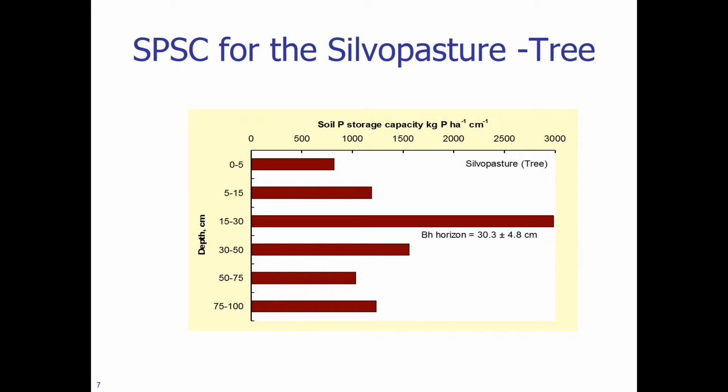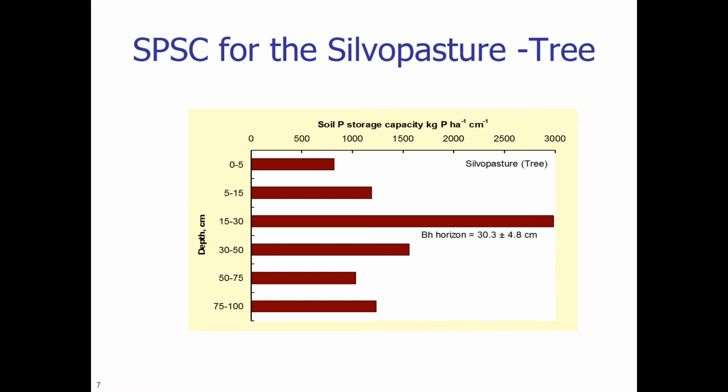Let us look at the SPSC for the silvopasture under the trees. The soil P storage capacity is on the x-axis and the depth on the y-axis, as we have seen in previous slides as well. Here the soil P storage capacity is calculated in terms of kilograms of P per hectare per centimeter depth for each of the different depths.